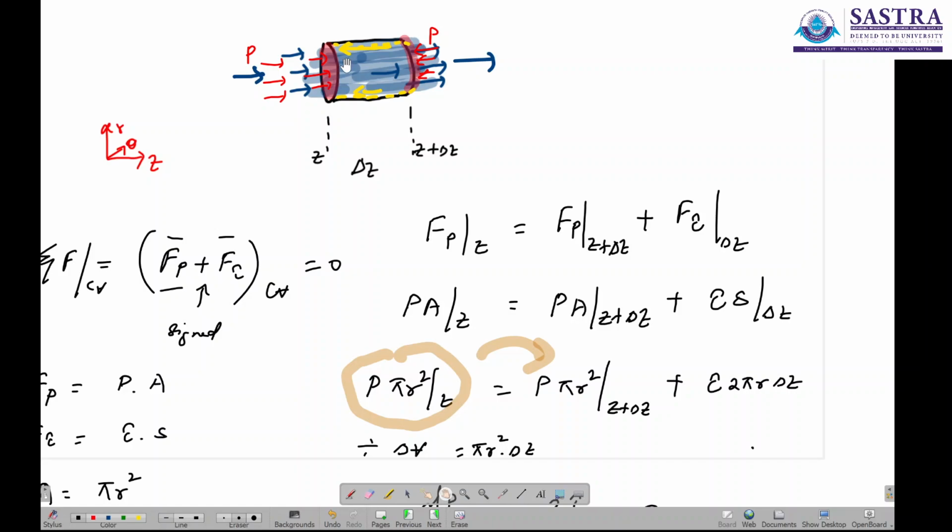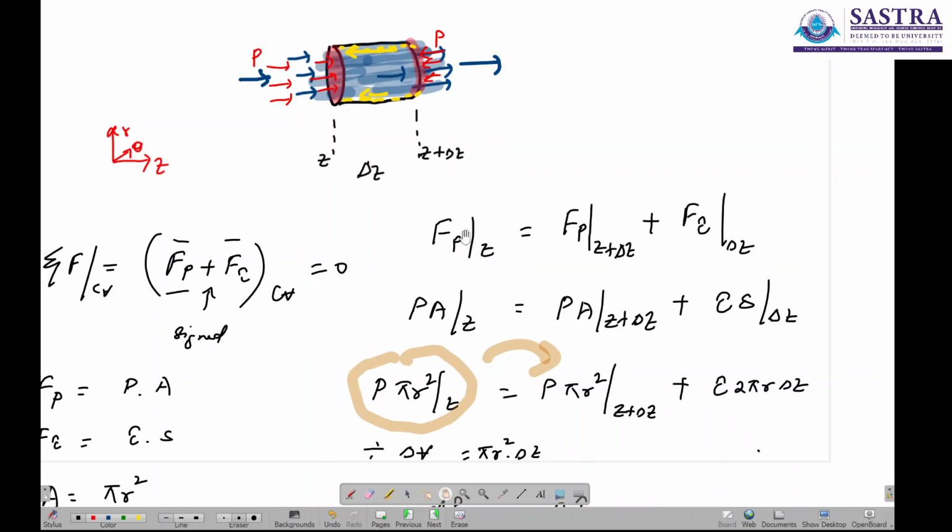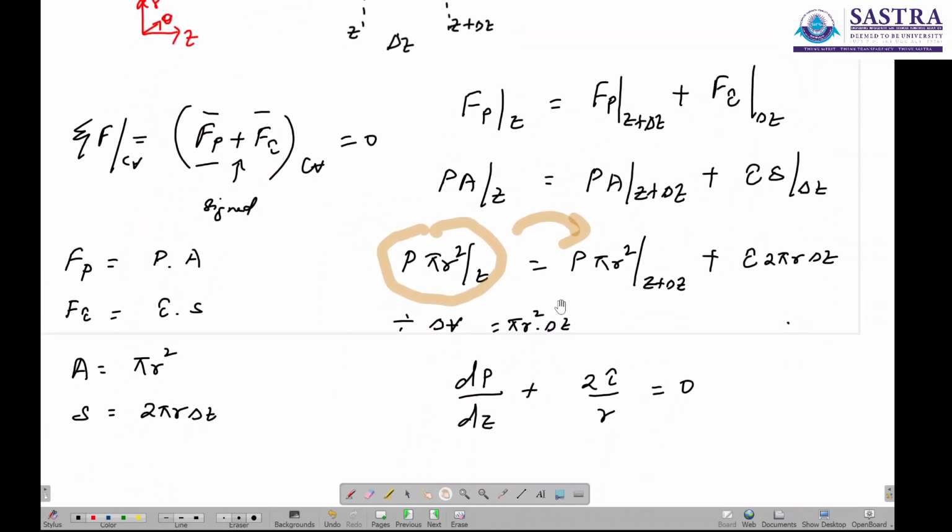So when you are shrinking it, this radius does not really matter, and it becomes constant, which is implicit in this step. So you are dividing by this volume and taking the limit as delta v goes to 0, which means delta z goes to 0. So you are really making it short, and you end up with this governing equation.